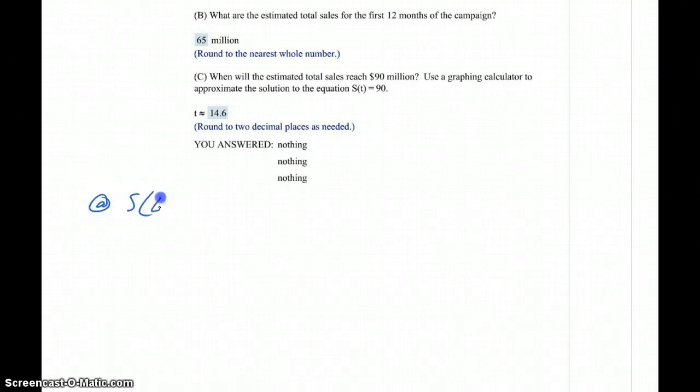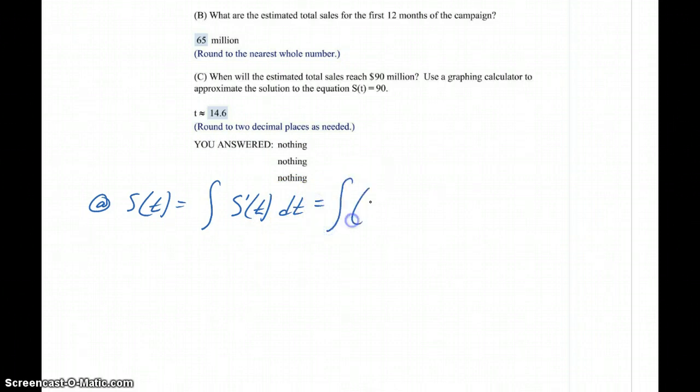So in part A, we want to find S of t, which is the indefinite integral of S prime of t, dt, which means we want the integral of 13 minus 13e to the negative 0.1t dt.